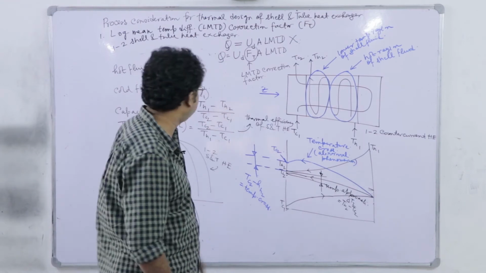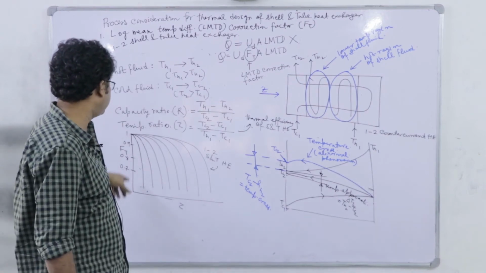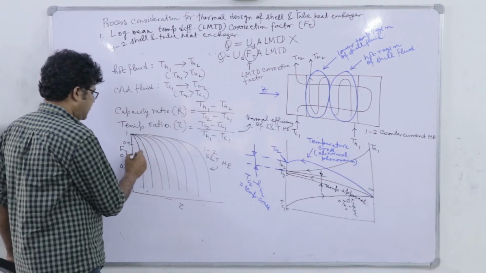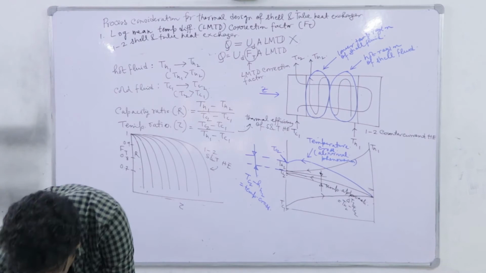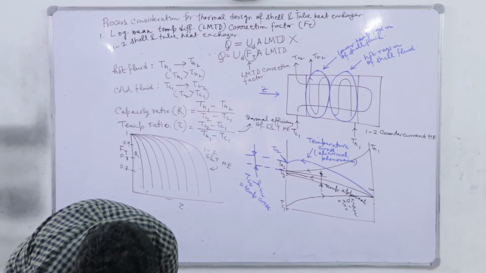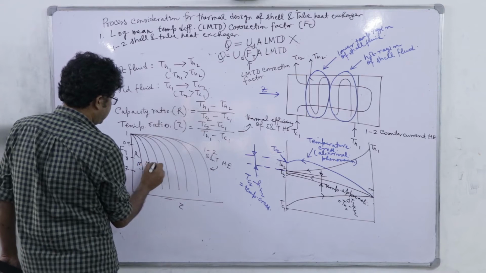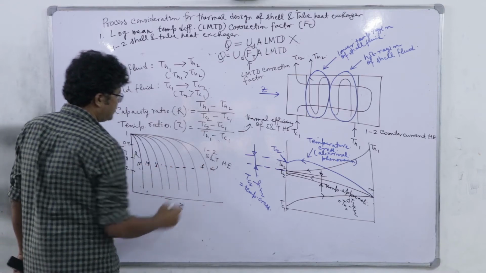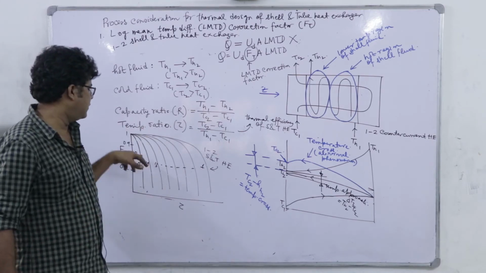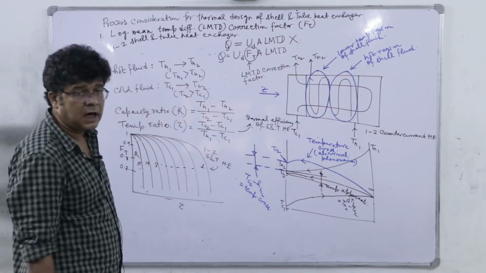So the correction factor has been included, and in a user friendly representation it is shown as a function of tau for different values of R. R decreases from, say, 15, then 14, then 13, in this way up to 1. So for different temperature ratios, we get a series of curves representing different values of R.